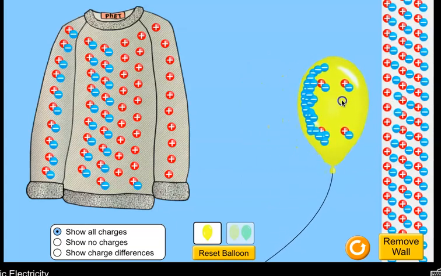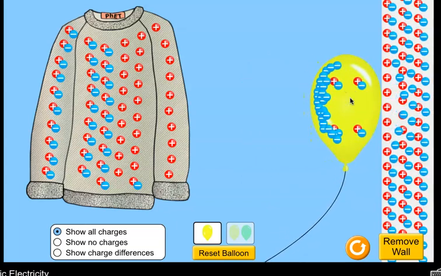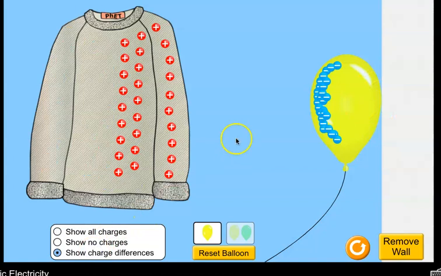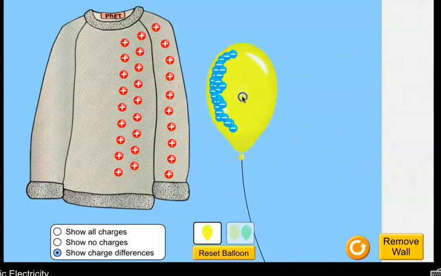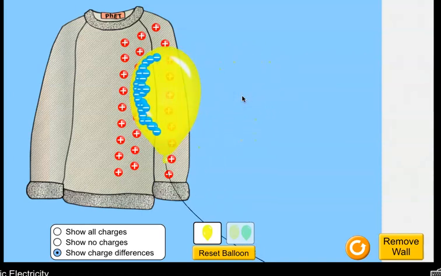But if I get it close enough to the wall, I can get it to go to the wall, because the negative charges in the balloon are going to repel the negative charges on the wall enough that the positive charges, which is what the wall is made of, as the wall is made up of atoms, which are made up of a nucleus with protons and neutrons, get attracted to that. But what we're really looking at is a difference in charge. Why is there an attraction between negatives and positives, and what does that attraction actually look like?